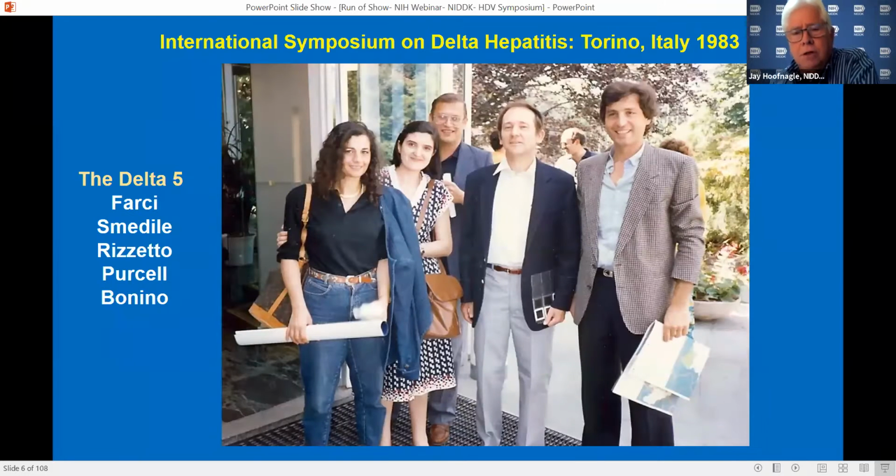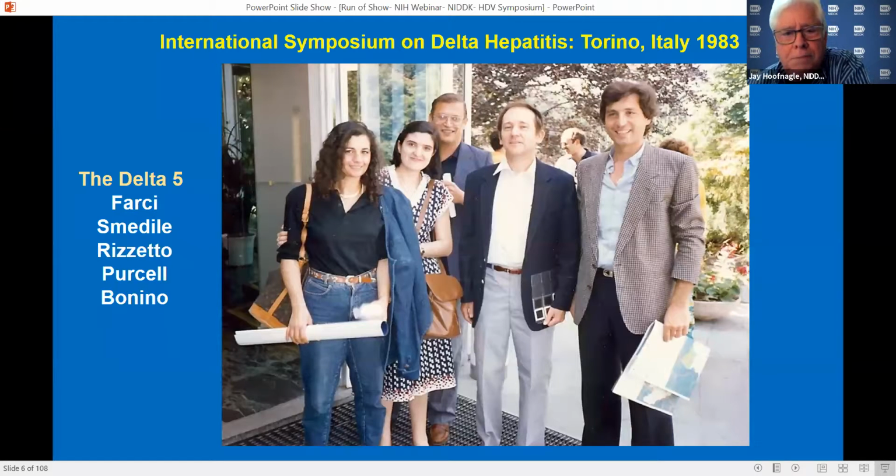This is a photograph that was taken about 5 years after that. In the back there is Mario Rossetto and smiling. And to his left is Dr. Purcell, really a leader in this field and this virus, as with all the virus hepatitis. And with Mario, there are 3 of the young people he brought later on from Italy to work with Purcell, and were kind of the initial Delta 5, I'd say there.